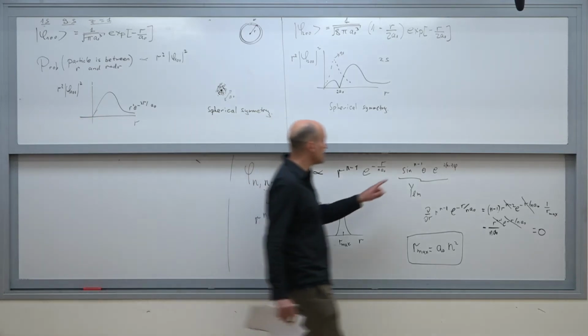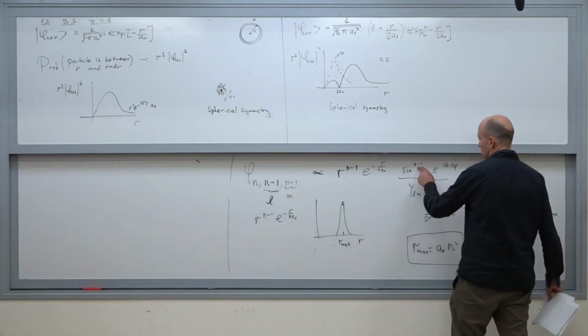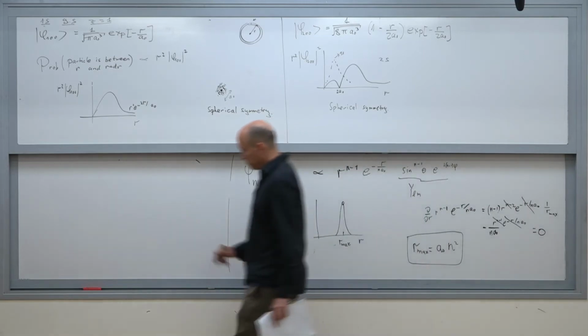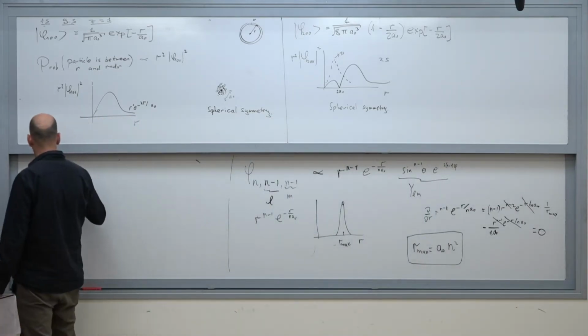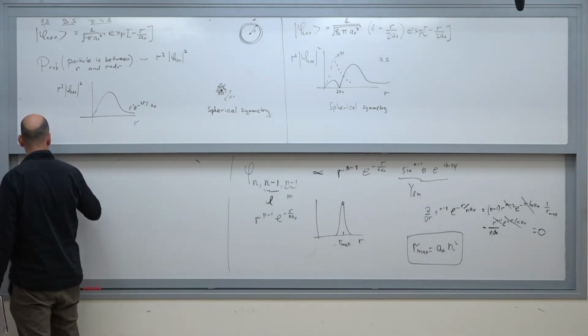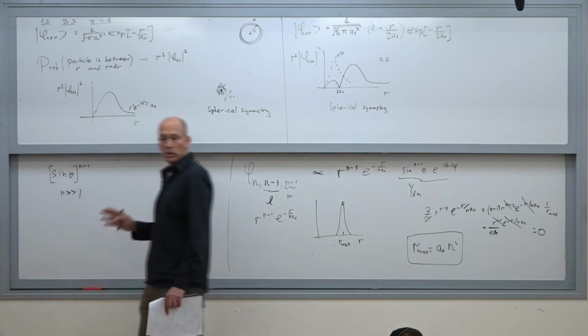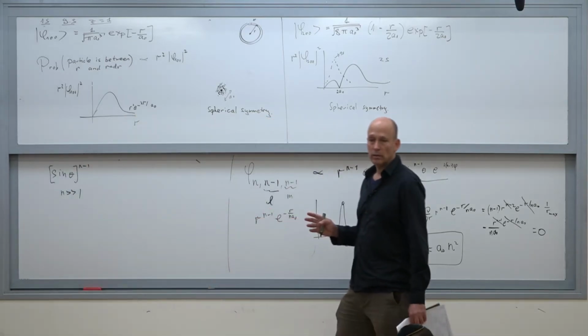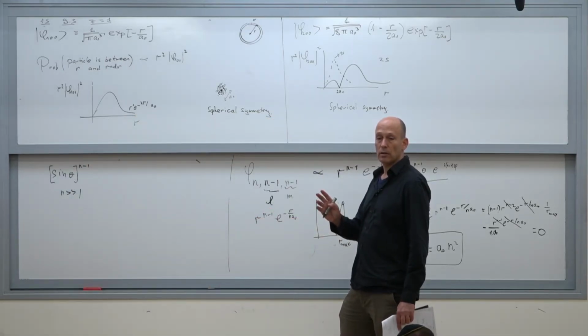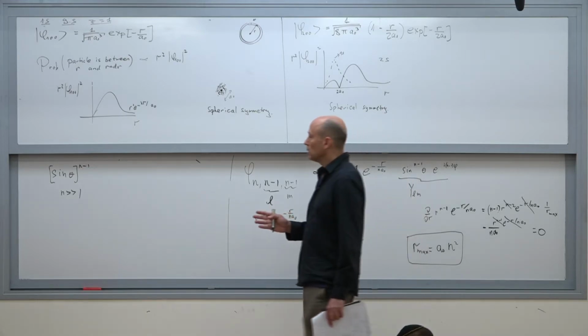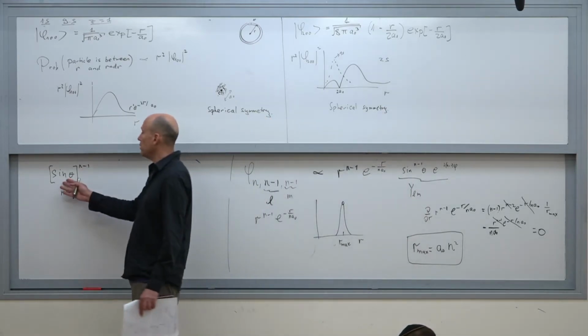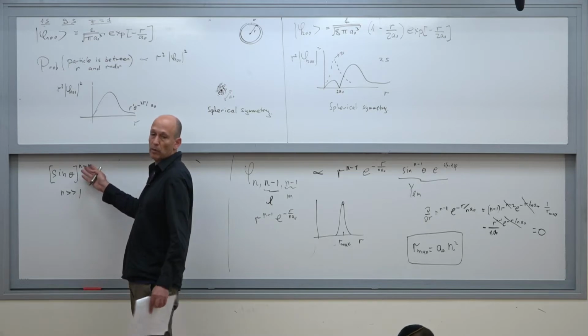Now let us look at this guy. When n is large, what happens to the sine theta? What is sine theta to the power n minus 1 when n is much bigger than 1? Well, it depends what is the value of the sine theta. If sine theta is less than 1, you have some function less than 1 to a power that is big.